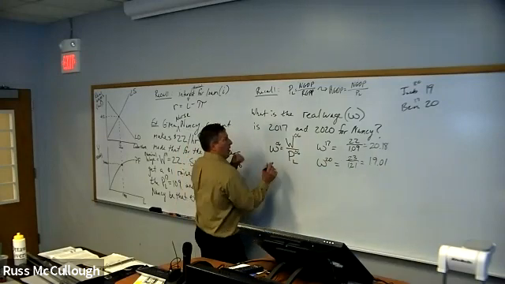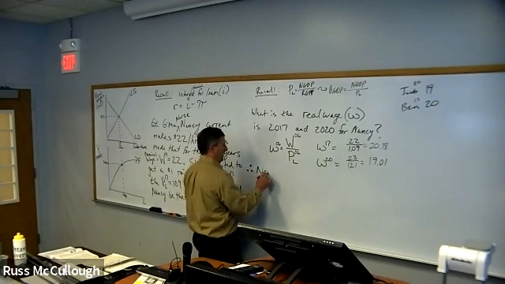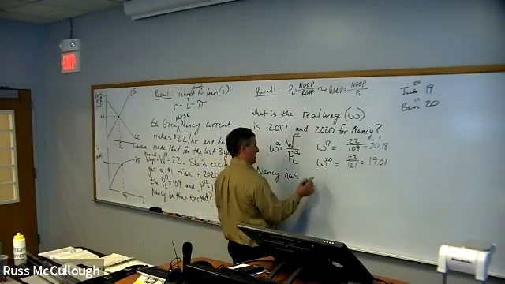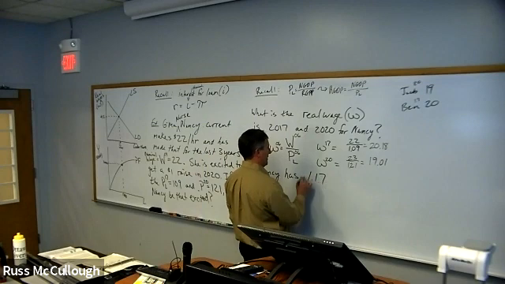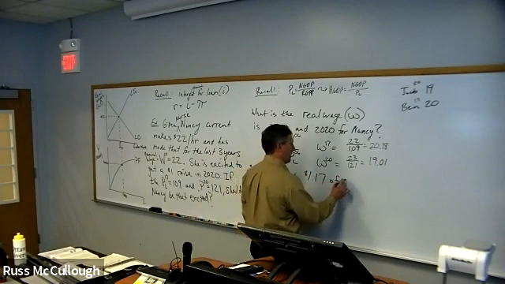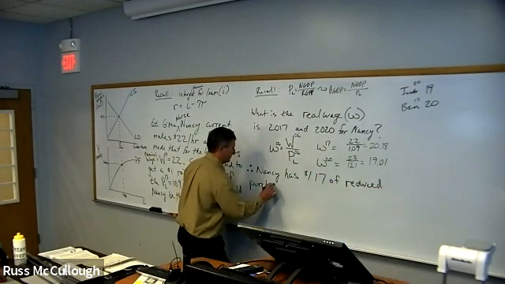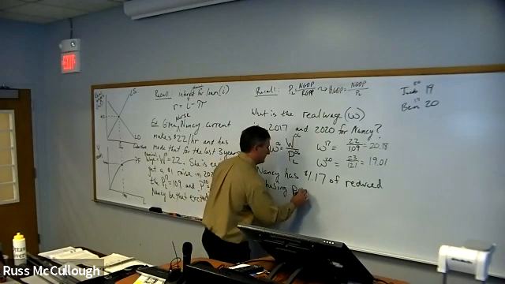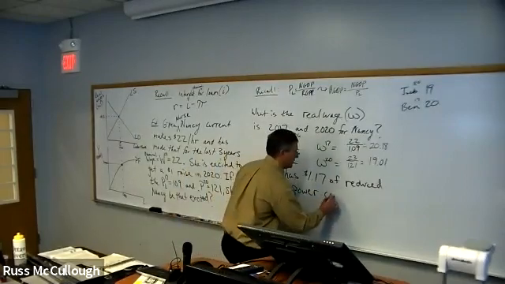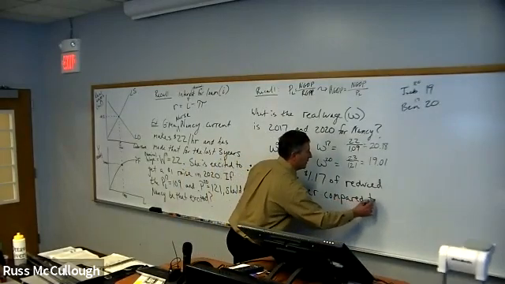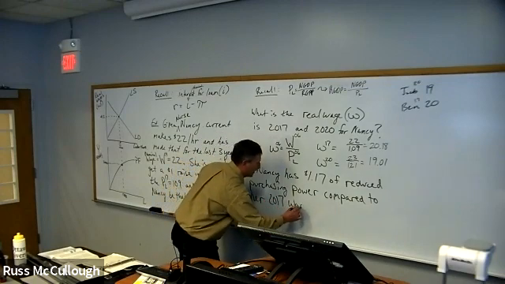All right, so therefore, Nancy has $1.17 of reduced purchasing power compared to her 2017 wage.